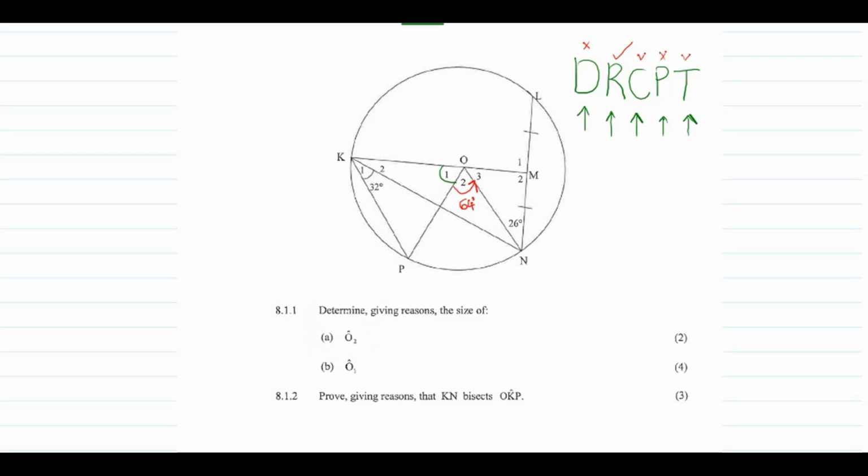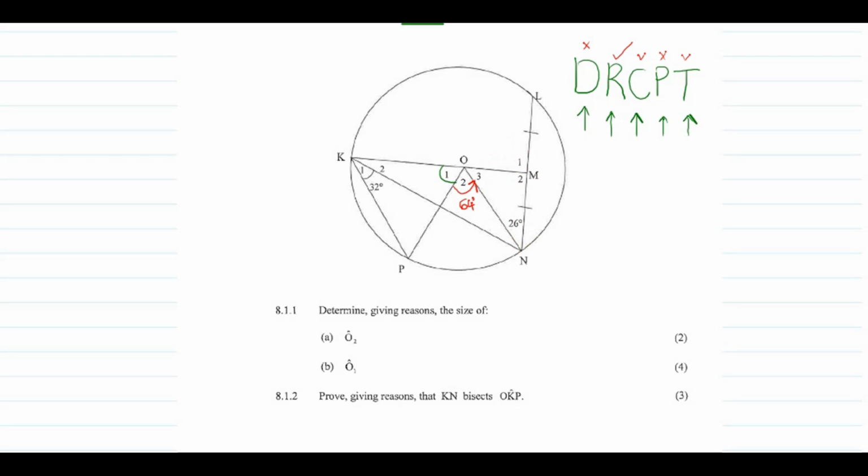The second theorem that we are going to make use of is the radius chord theorem. That theorem tells us that our line OM is perpendicular to our line LMN.